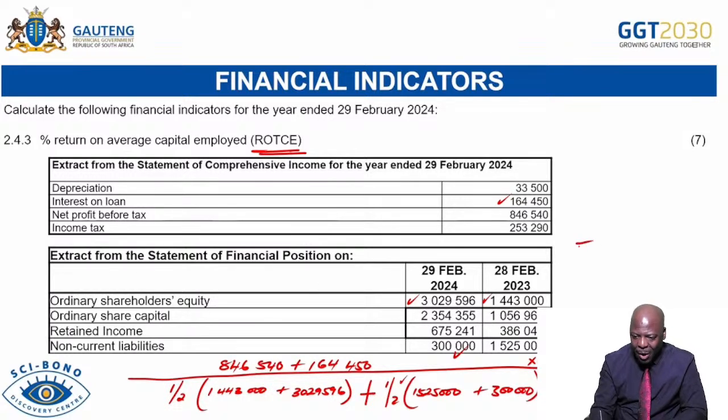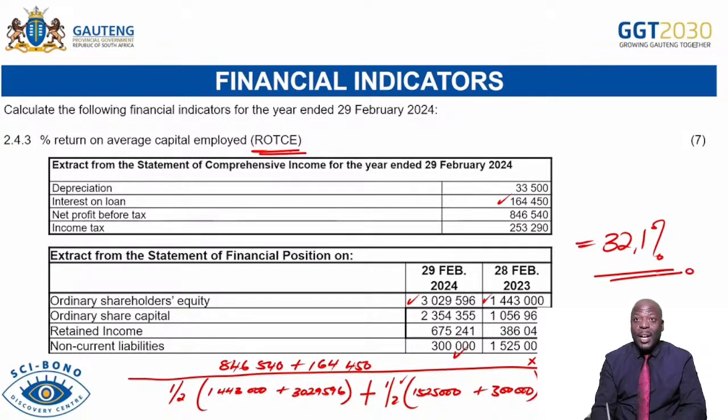And then the final answer is going to be 32.1%. Is that what you get on your calculator? If that is the case, therefore, we are all on the same page. Very important that you're getting average of your shareholders' equity as well as the average of your non-current liabilities. There are different ways in which one could have done this. It will still be the same thing.